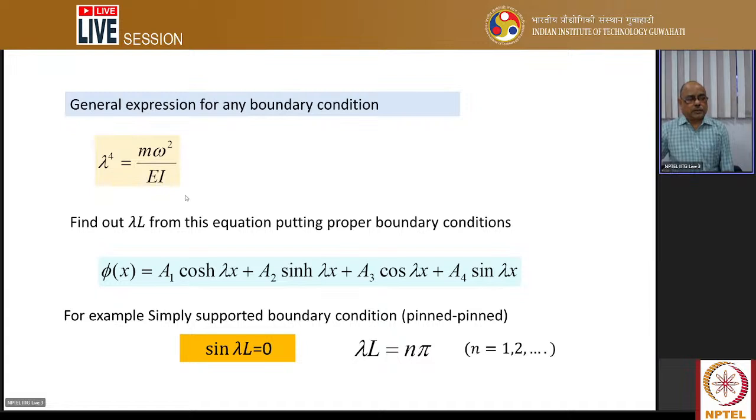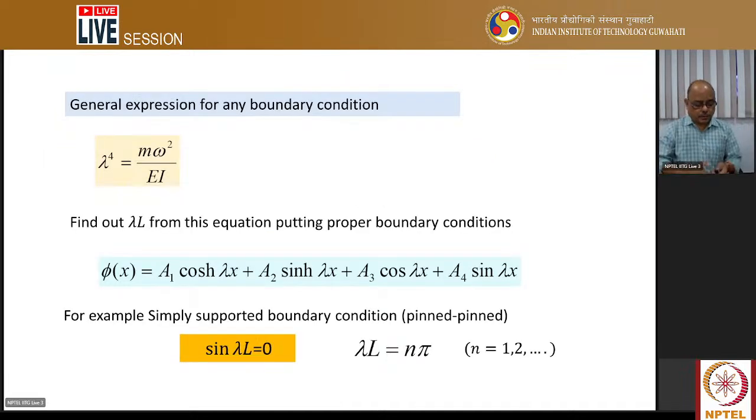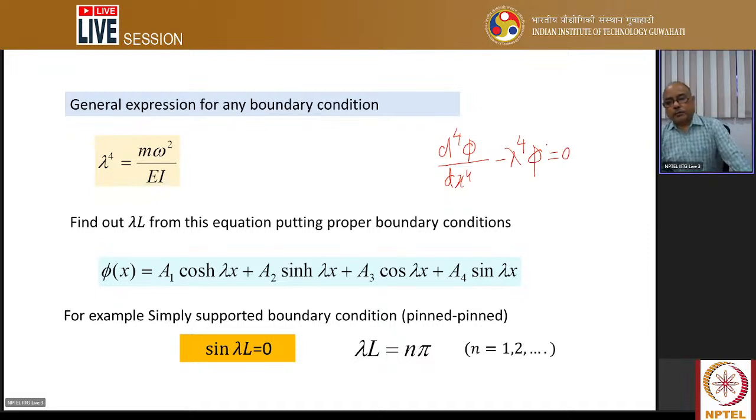Now, the solution of the free vibration equation is found from the separation of variable technique. The equation was d to the power 4 phi by dx to the power 4 minus lambda to the power 4 phi equal to 0, where phi is the mode shape function.